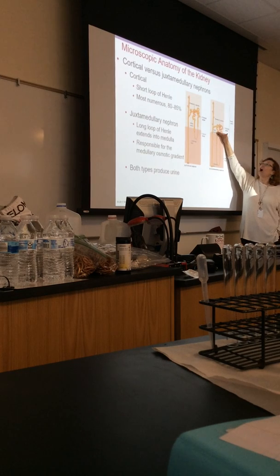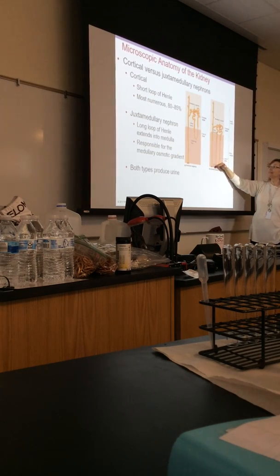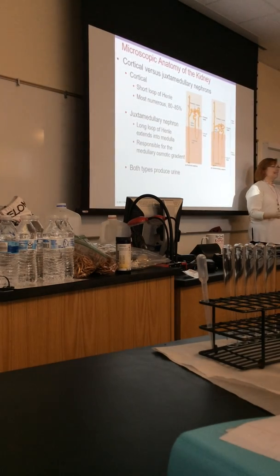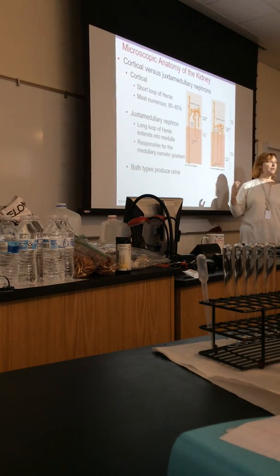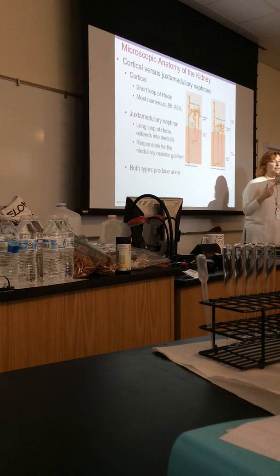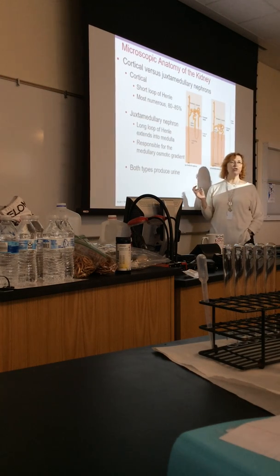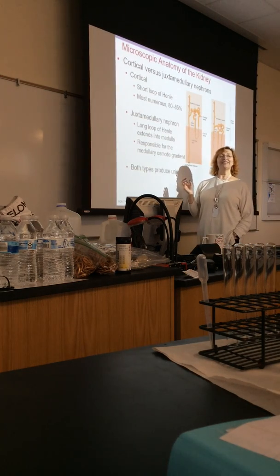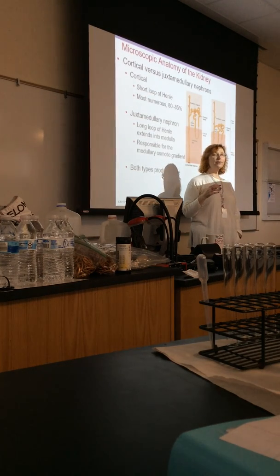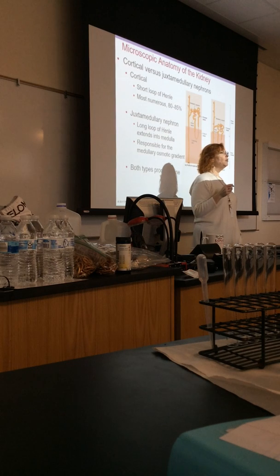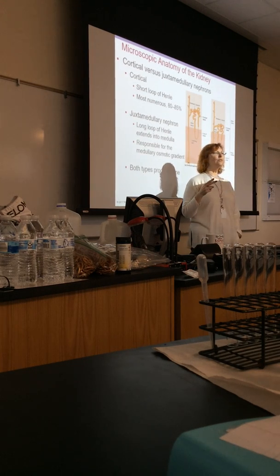And notice that almost all of that is down inside the medulla. And what's special about the medulla here, and we're going to look at this as we continue through, is the medulla is salty.